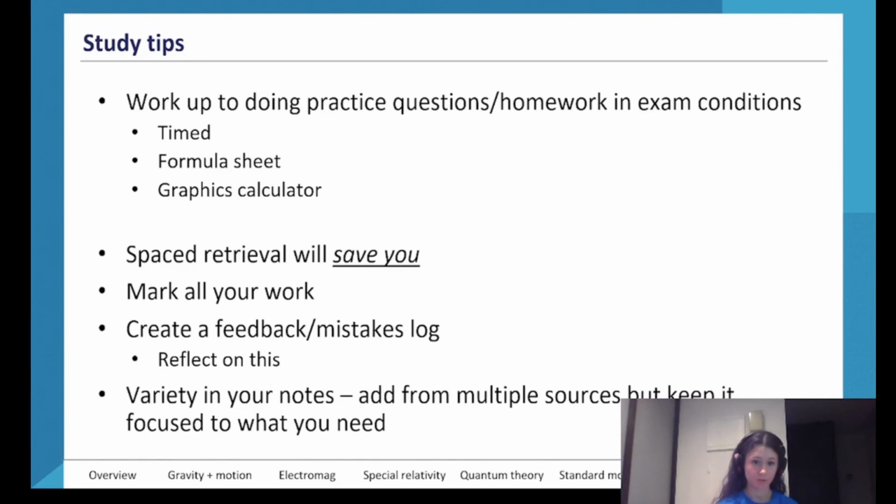Something I will also recommend when you're practicing questions is to make sure that you're practicing difficult enough questions. Make sure you extend yourself. It's really easy to practice the easy questions and then not go any further than that and not practice any of the harder questions.